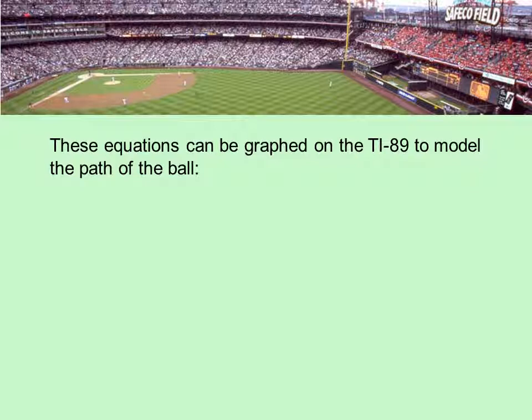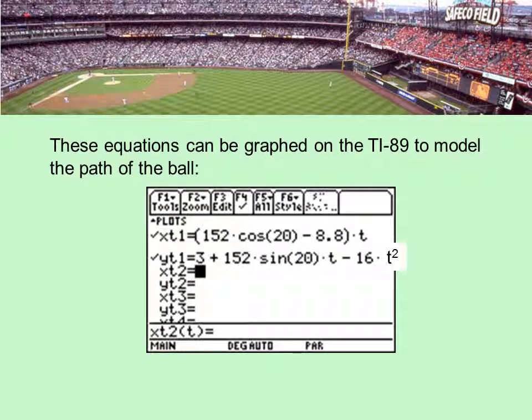These equations can be graphed on the TI-89 to model the path of the ball. In the diamond y equals screen, we enter the equations. Notice that in this case, the calculator is in degree mode, a rare circumstance for calculus class.